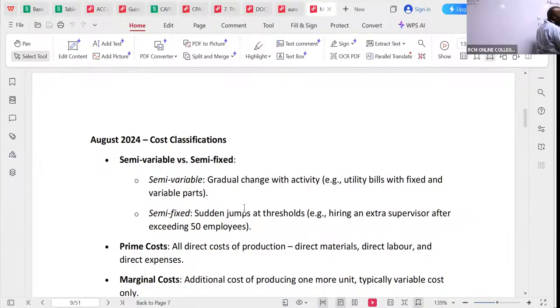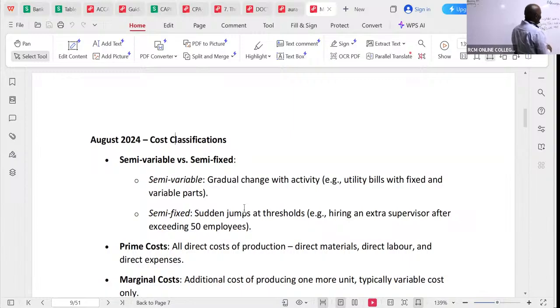And if it is only one unit, later on, we shall be calling it marginal cost. You see, incremental cost could be cost increasing because of 5 units, 10 units. But when you are looking at incremental cost because of an additional one unit, then it becomes marginal.